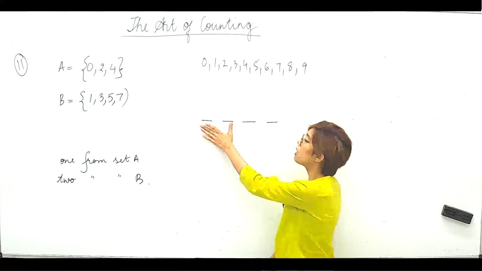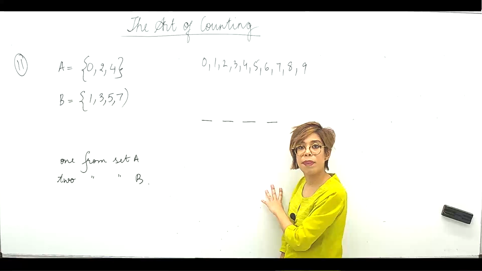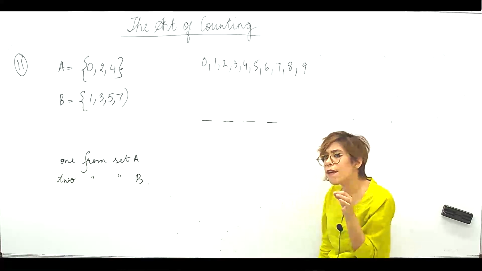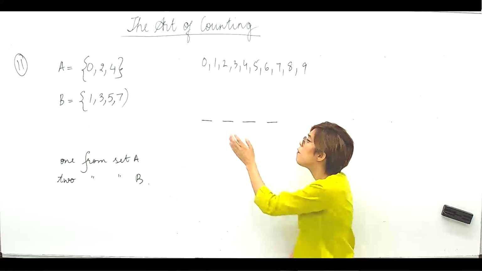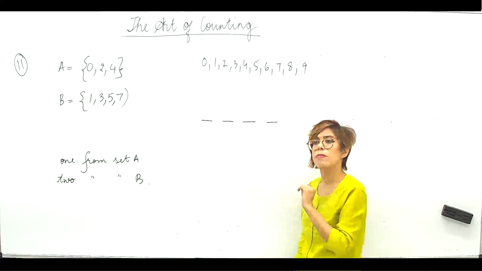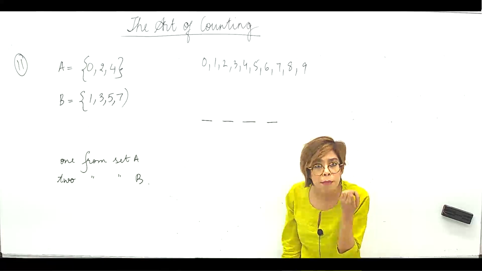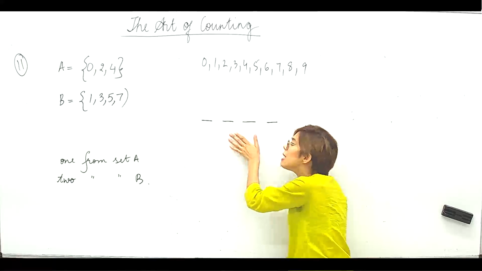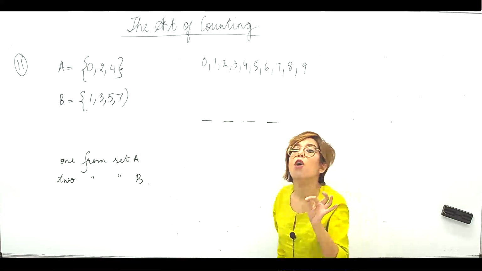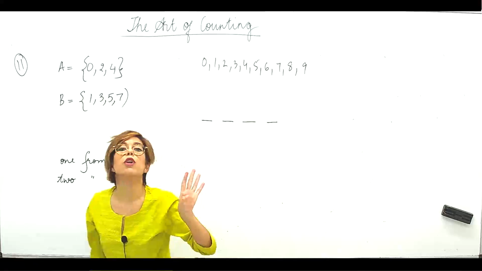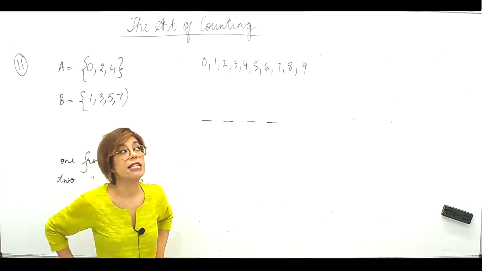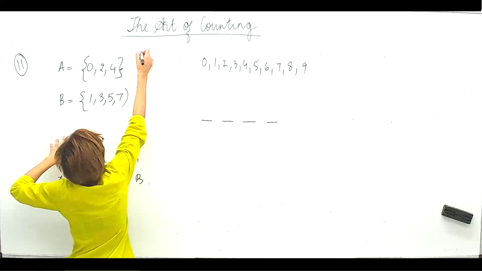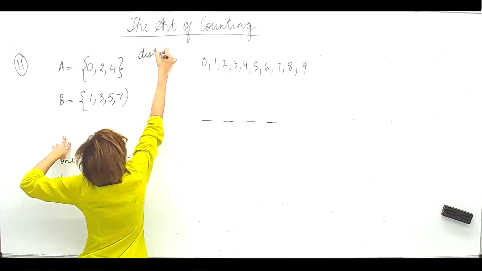Okay. Now we have to select 4 distinct digits, right? Instead of that, if I find out the number of ways of filling these 4 places, that will do. Because the number of ways of filling these 4 places will be equal to the number of ways of selecting 4 distinct digits. Right, distinct. So I have to remember that, distinct. Otherwise I'll forget.